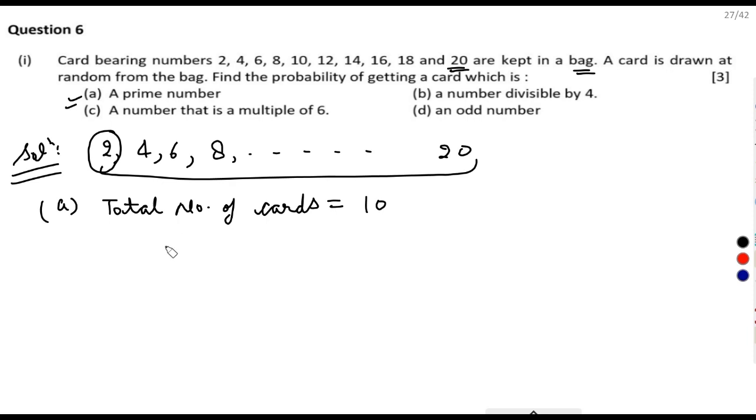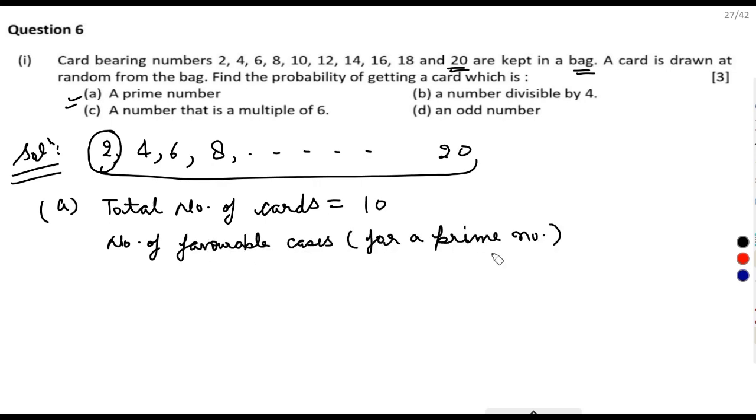It means total number of cases are 10. Number of favorable cases for a prime number is 1. Only 2 is prime. Therefore, probability of this case is 1 by 10. A number divisible by 4.